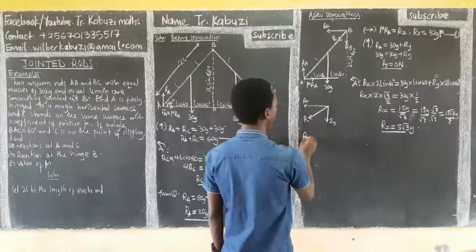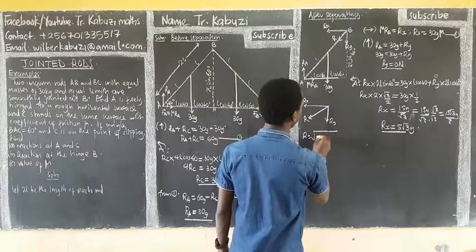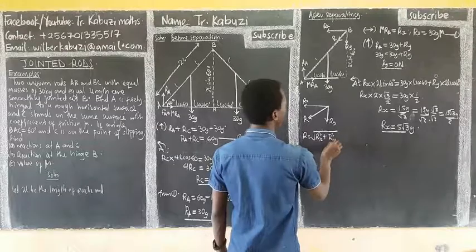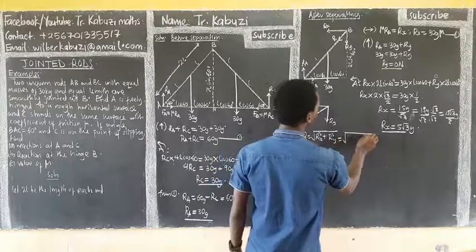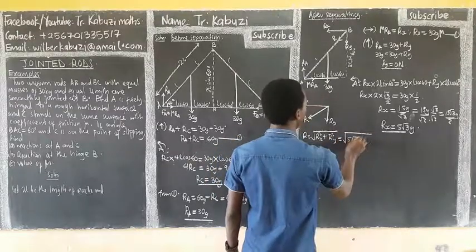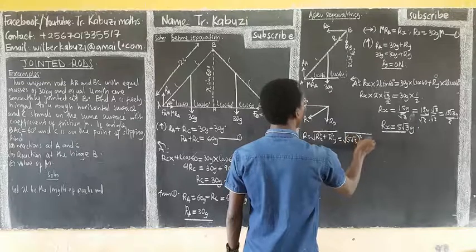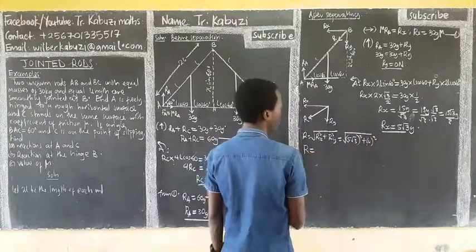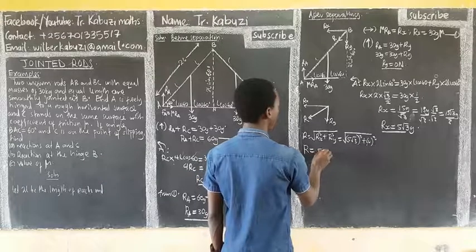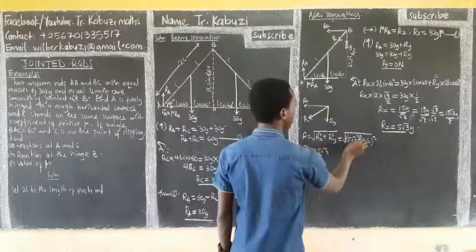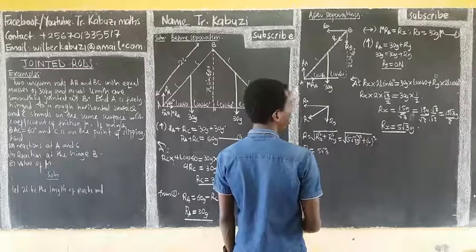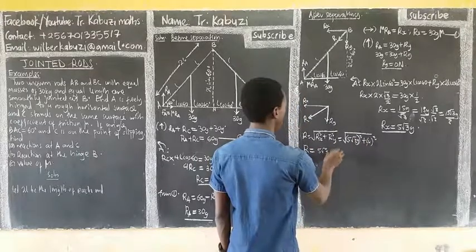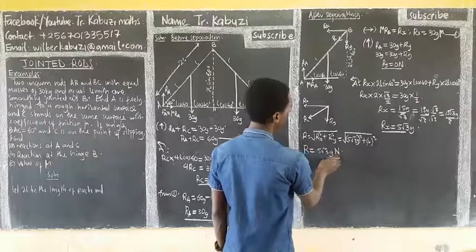This is the square root of 5 root 3 D, the whole squared, plus 0 squared. And so my reaction is going to be 5 root 3 D Newtons, as simple as that. These ones are in Newtons, please don't forget. So that's what we have.